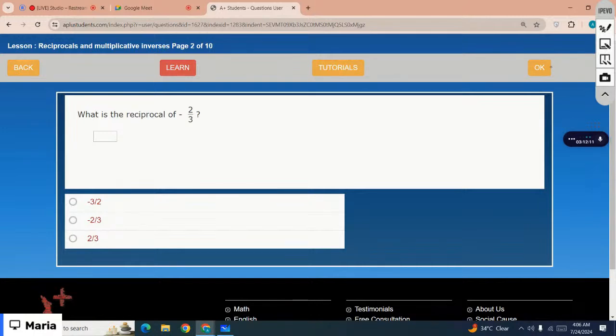You just have to interchange the numerator and denominator. So that is negative 3 over 2.